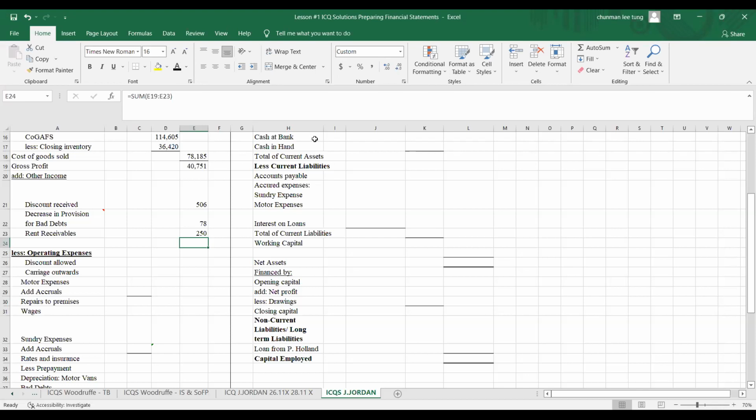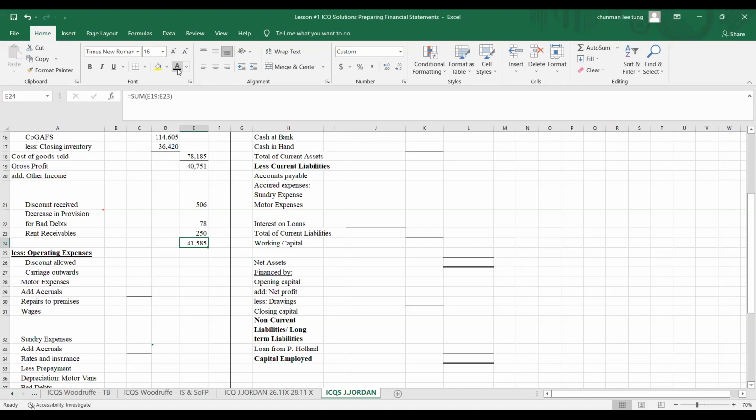What is our total income? So when you total everything, you should get 41,585.